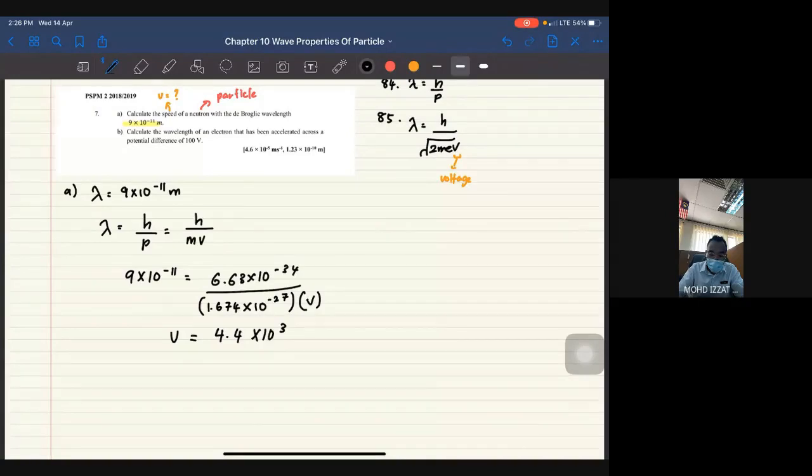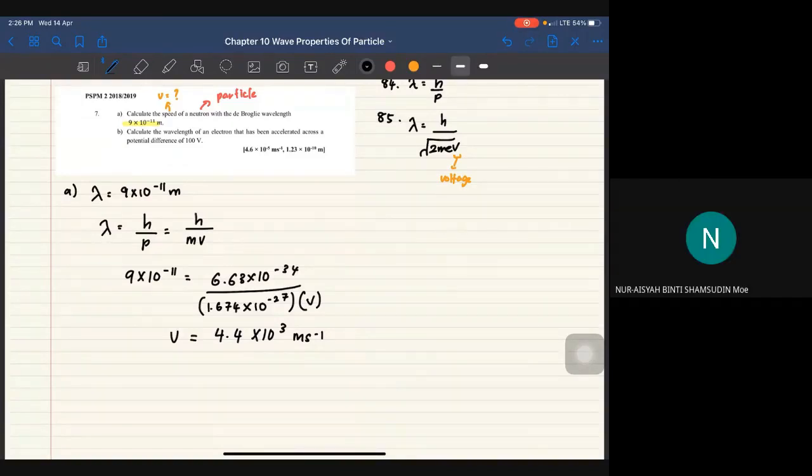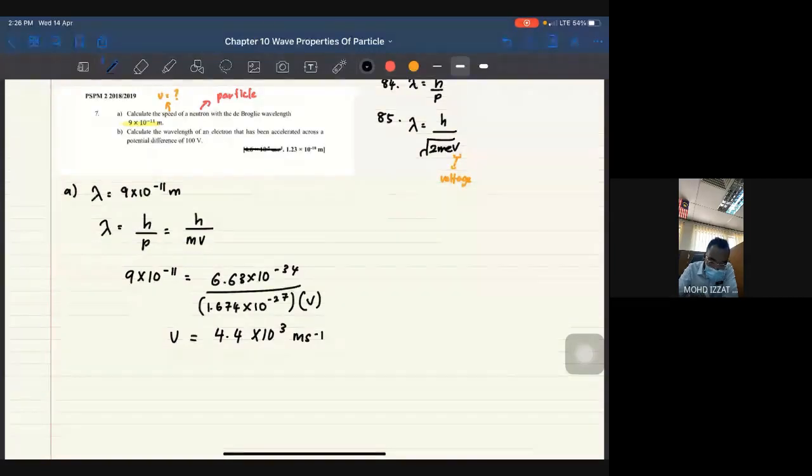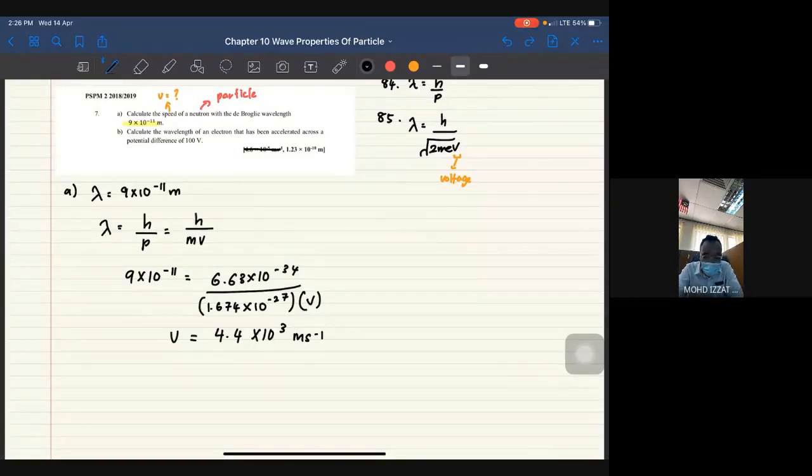Did you get the same answer or not? Yes, same, sir. Okay. So I think maybe the given answer is wrong. So we change it. So it will be 4.4 times 10 to the power of 3. I won't write it, that's the answer.